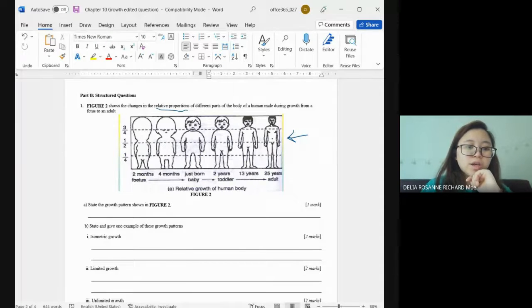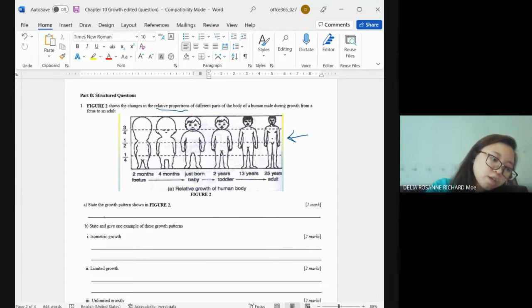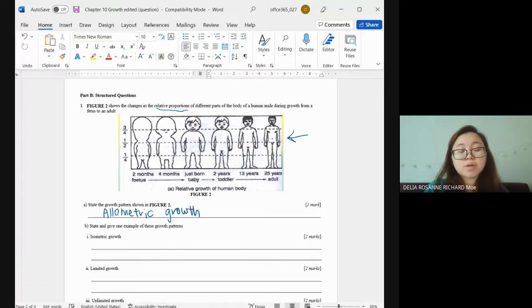You are not a cartoon character with very, very big head and very small body, thankfully. When you see this chart, it is definitely talking about allometric growth pattern. Kalau kamu mau tulis allometric growth sahaja pun tepat.